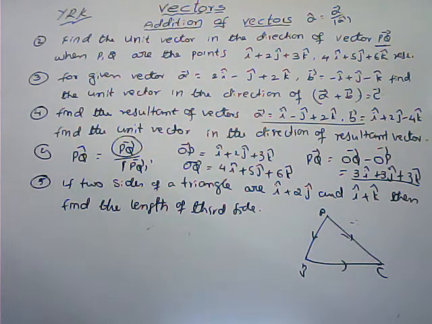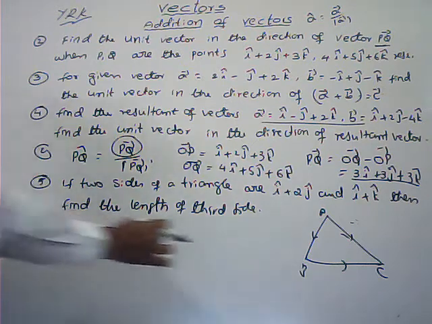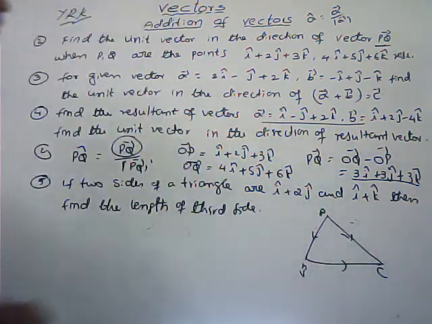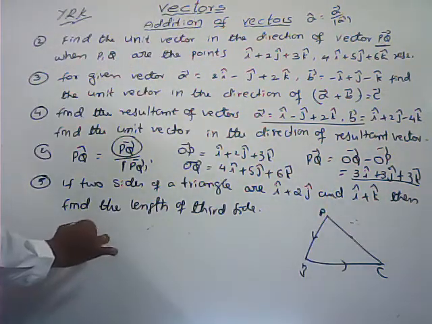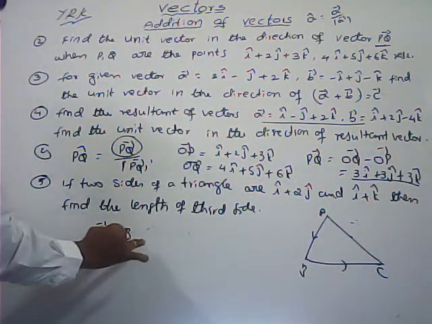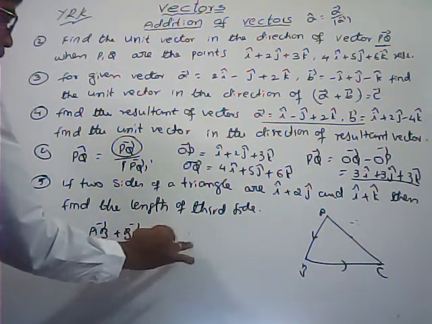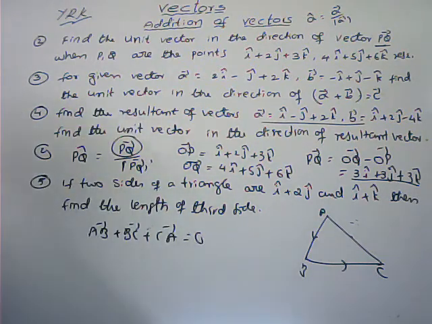As I told you previously, if three vectors represent the sides of a triangle, then taking them in the same direction, AB bar plus BC bar plus CA bar should be equal to 0.